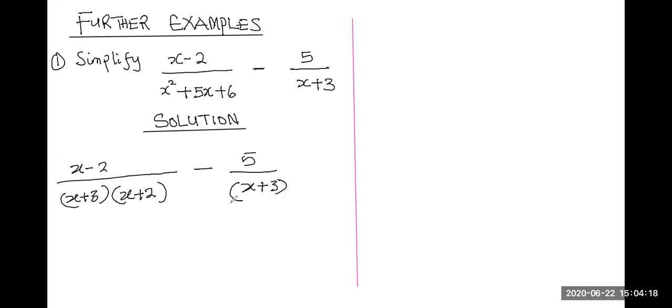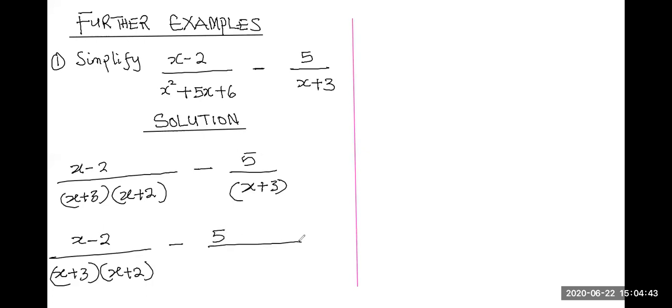The next thing we do is make the denominator uniform by multiplying the right-hand fraction by (x plus 2) over (x plus 2), the principle of up and down. So we have (x minus 2) over (x plus 3)(x plus 2), which nothing changed, minus 5 over x plus 3, which was originally there, times the modified one, (x plus 2) over (x plus 2).